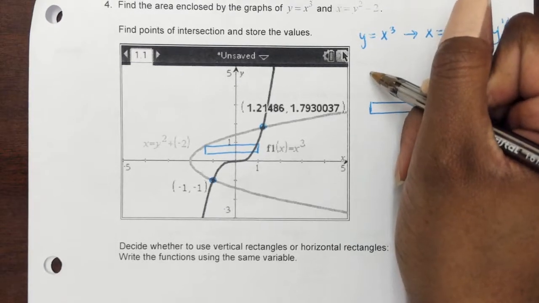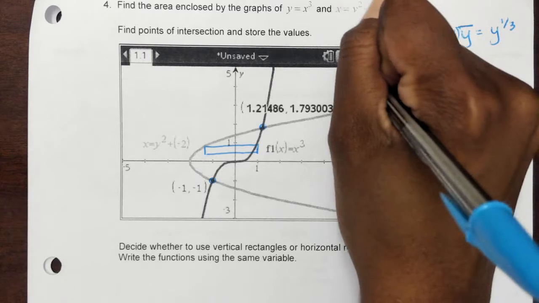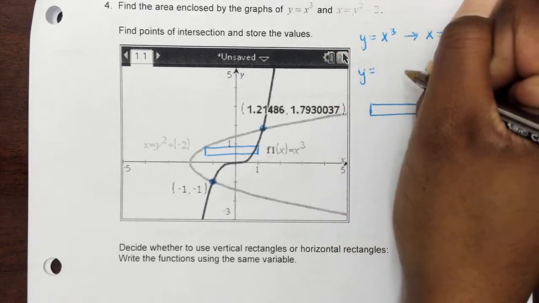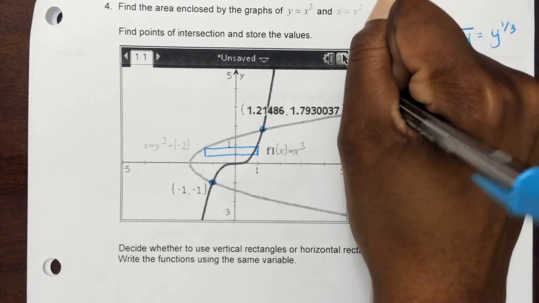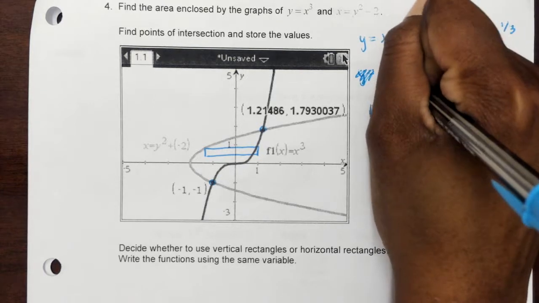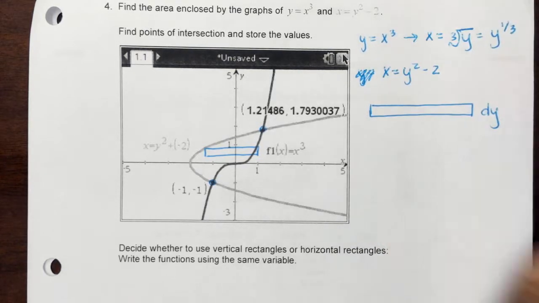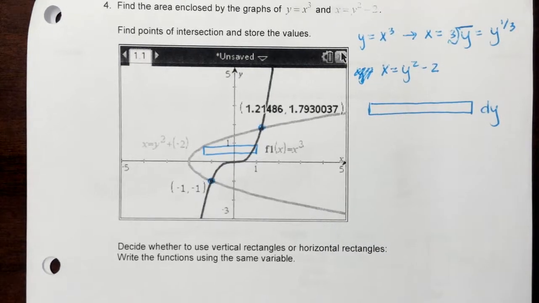And since we have x equals y squared minus 2, which is already in terms of y, that one's good to go.